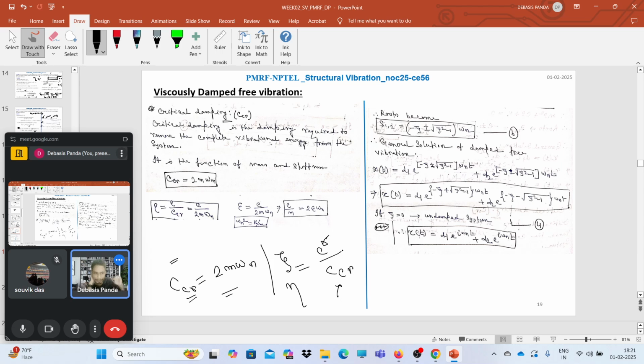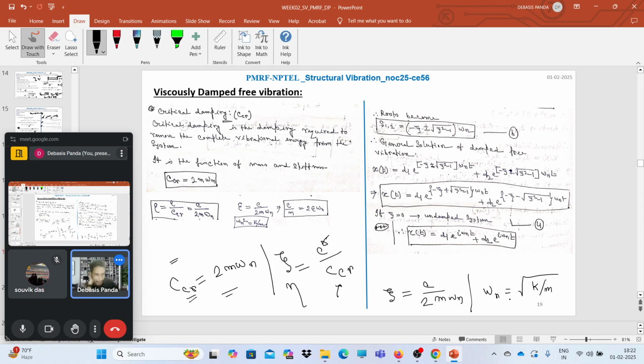Further we can simplify this: zeta equals C by twice m omega n, because C critical equals twice m omega n, and omega n equals under root of k by m.